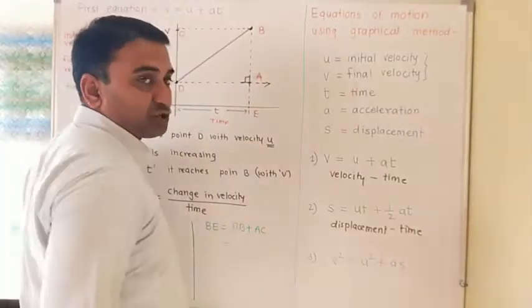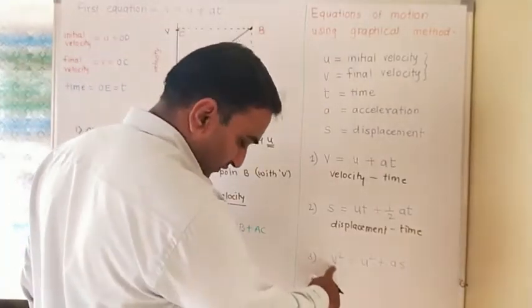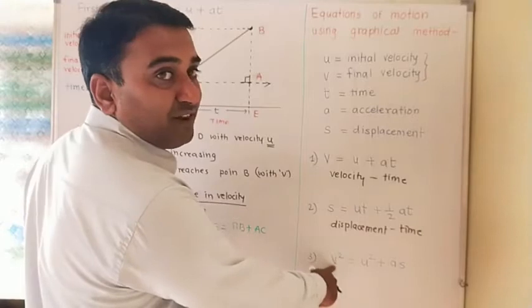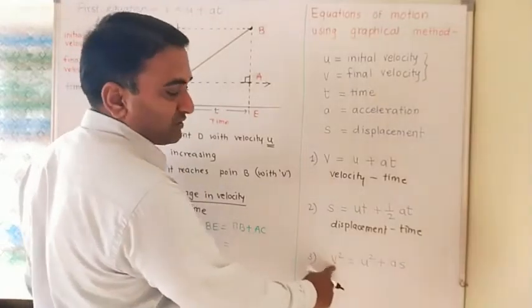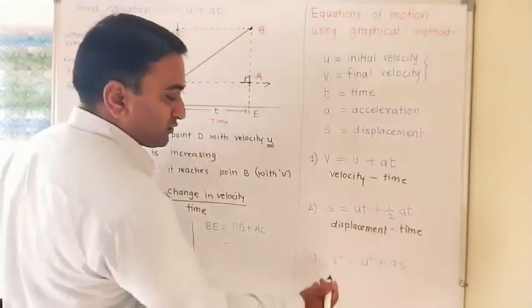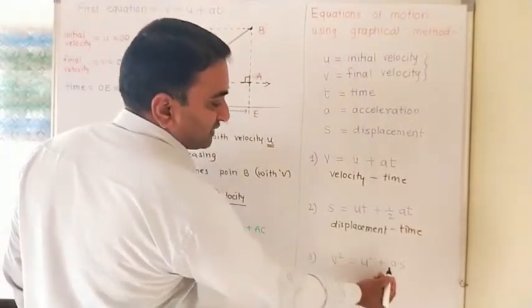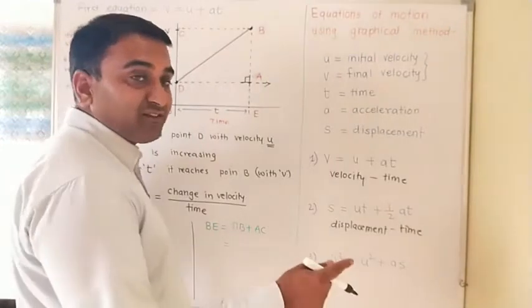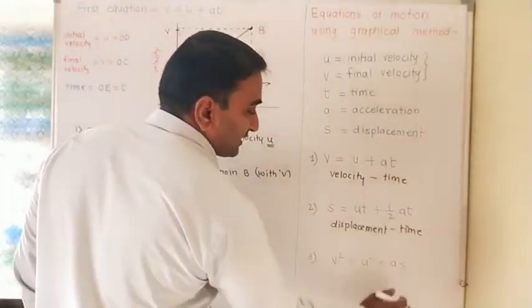Now the third equation, we have here v squared. v squared means final velocity squared is equal to initial velocity squared plus 2 times acceleration into displacement. So this one is a velocity, this is also velocity, this one is a change in velocity, and now we have the displacement.